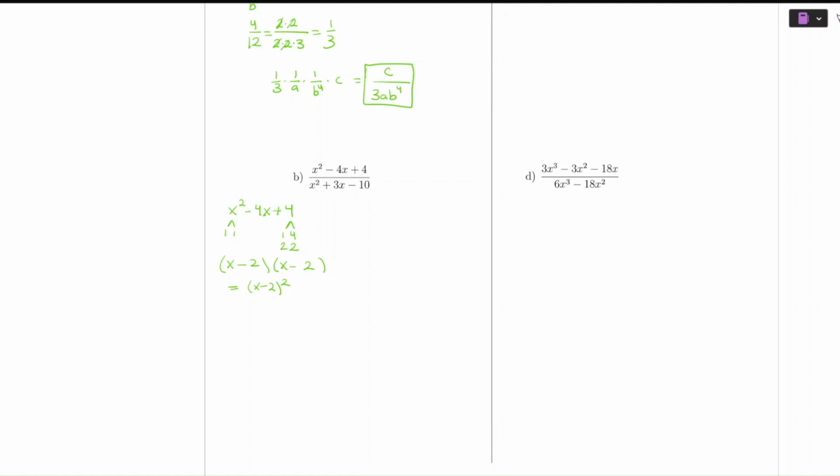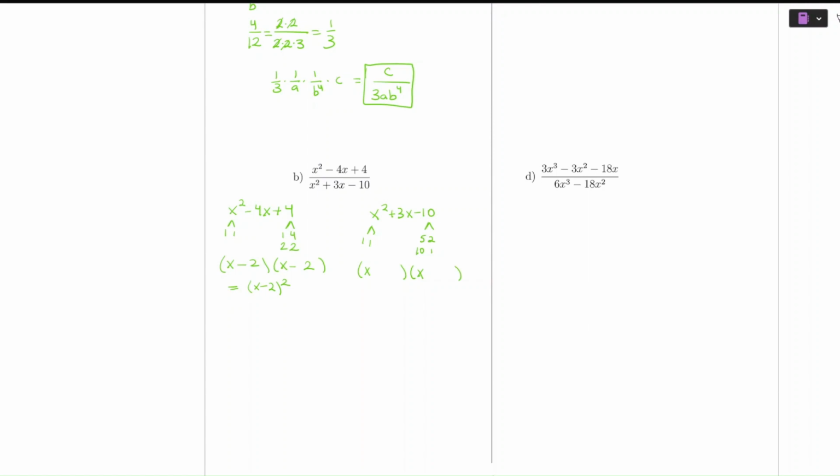All right, so then let's look at our x squared plus 3x minus 10. Okay, so for 10, we could have like 5 and 2 or 10 and 1. And then our x is just 1 and 1, so we have x, x.